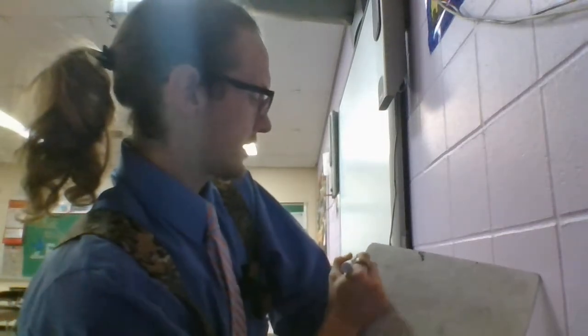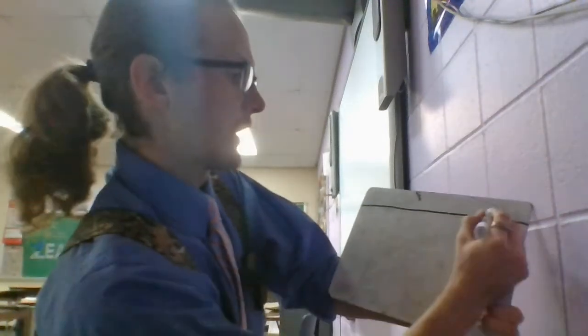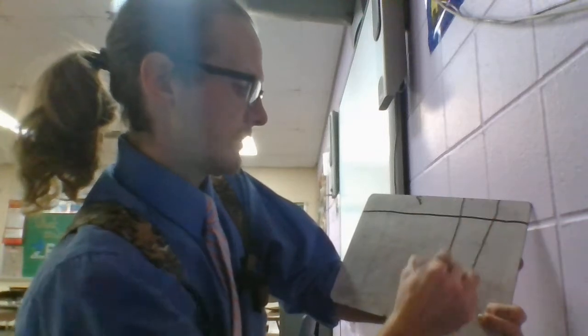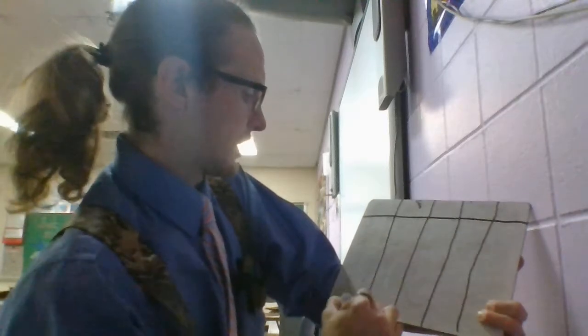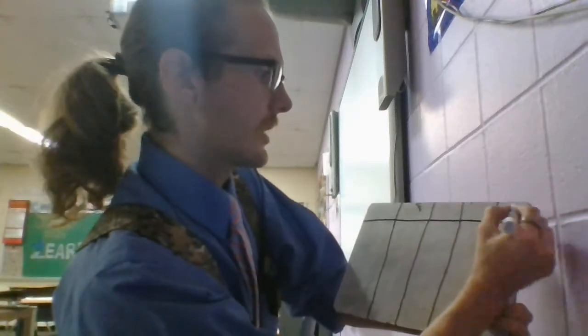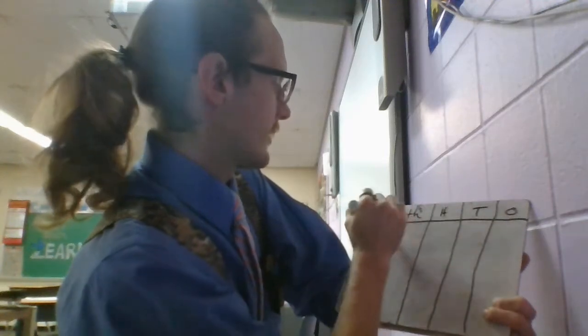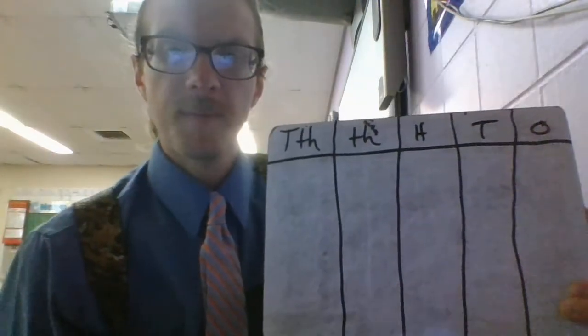We draw a line across the top, and we have a ones place, a tens place, a hundreds place, thousands place, and 10,000s. Does your chart look like this? Good.